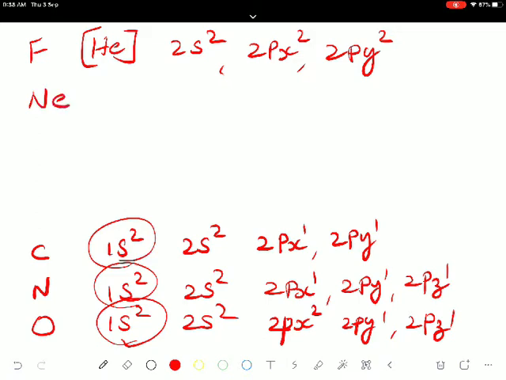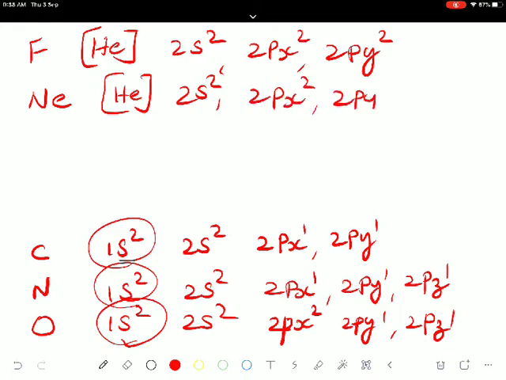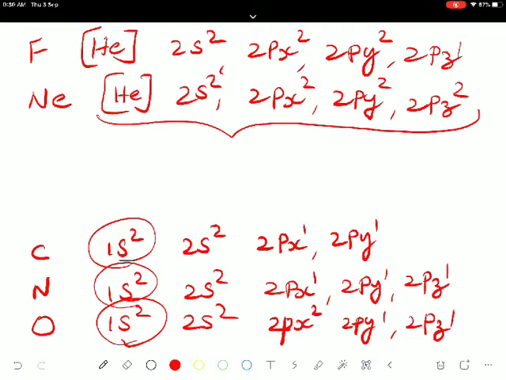Then neon. Helium 2s2, 2px2, 2py2, 2pz2. Now the next noble gas is reached. Now in the next case onwards you can write neon. So instead of this much you can write neon.